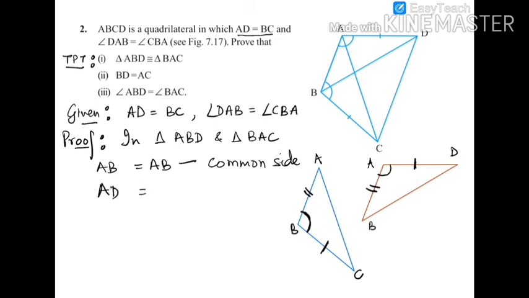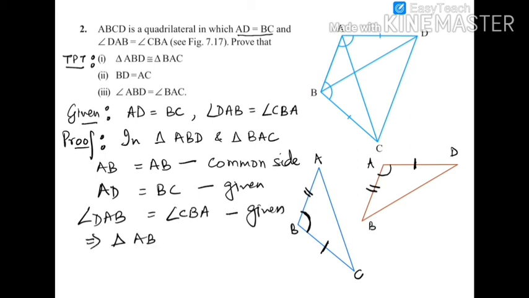AD is equal to BC, this is given, and angle DAB is equal to angle CBA, this is also given. This implies triangle ABD is congruent to triangle BAC by SAS criteria.